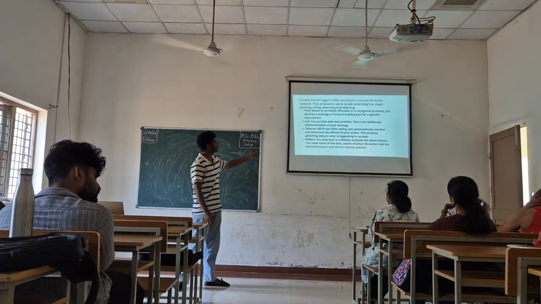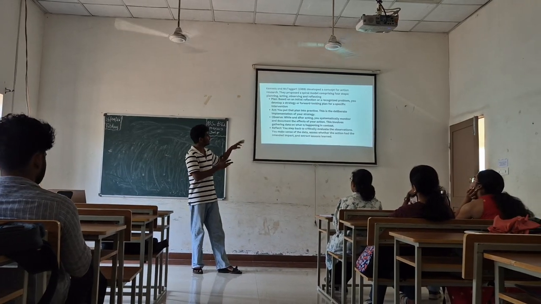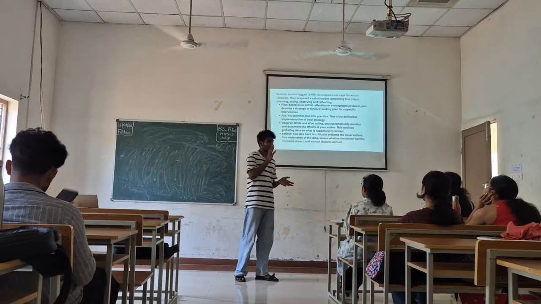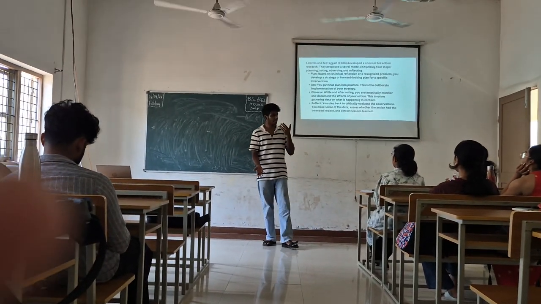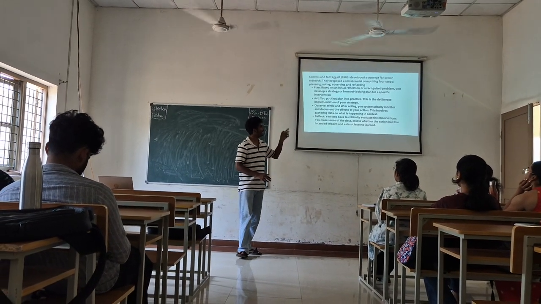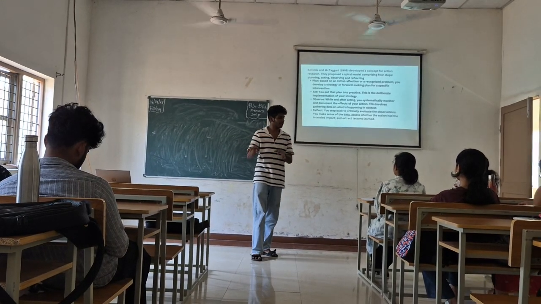So based on the initial reflection or recognized problem, we have to develop a strategy or forward-looking plan for specific intervention. We have to plan a particular action to solve that particular problem. After that, we have to act. What we have planned, we have to put in action and implement in our classroom.